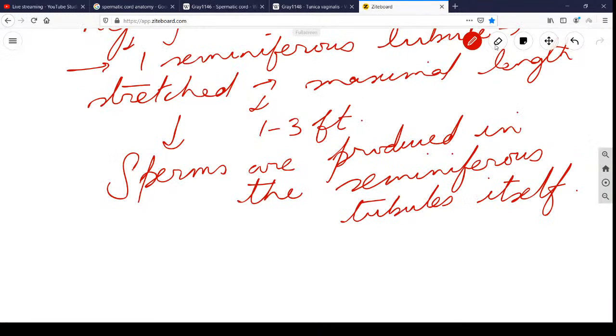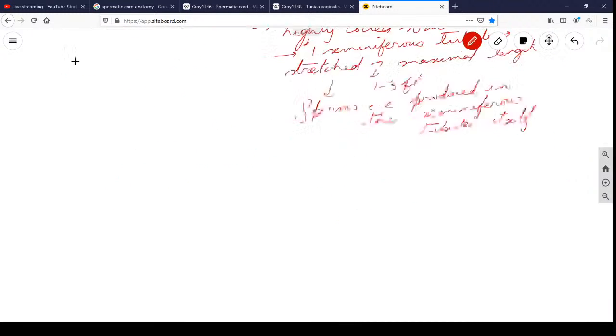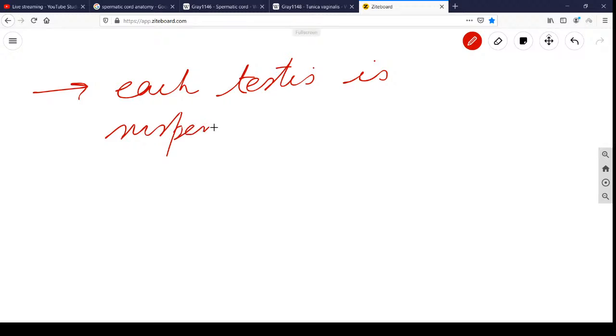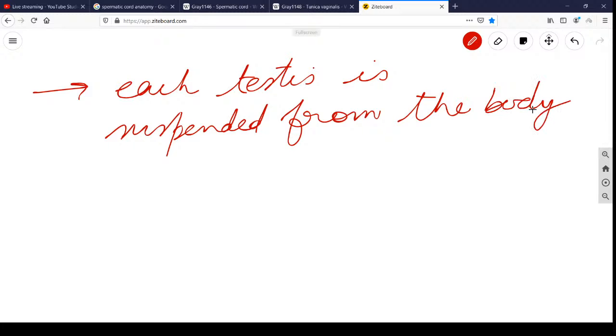So by proper anatomy, the inguinal canal is present in the males, and each testis is suspended from the body into the pelvic cavity.